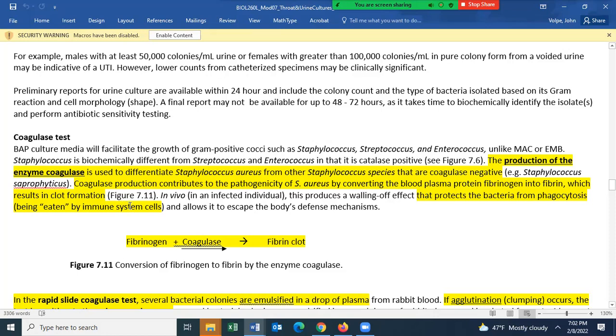The clot is a problem with Staphylococcus aureus because the immune system will have a harder time getting through a clot. So we have fibrinogen, usually in plasma, and in the presence of coagulase, we get a clot, a fibrin clot.